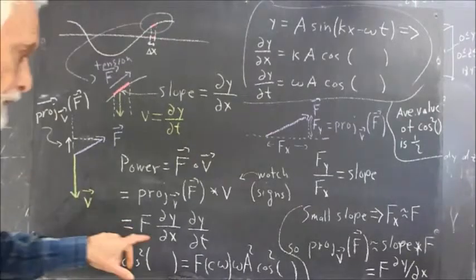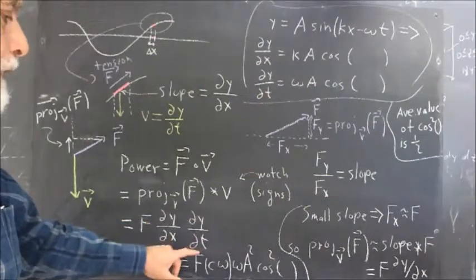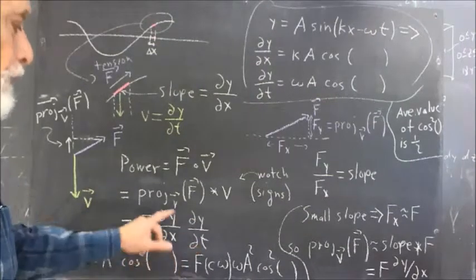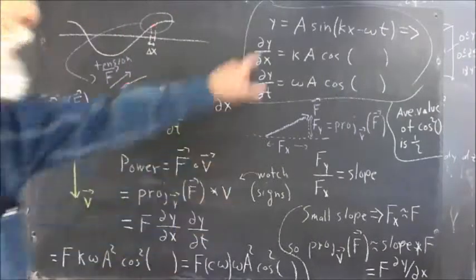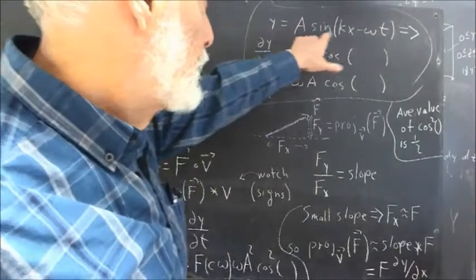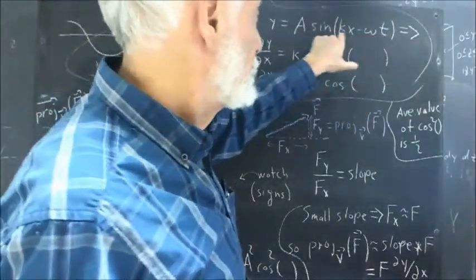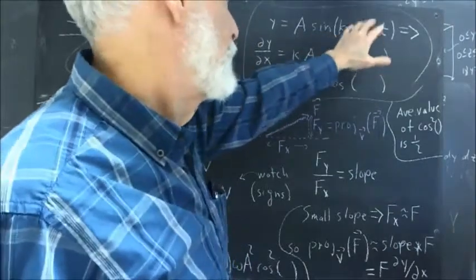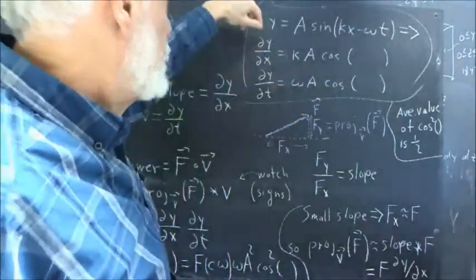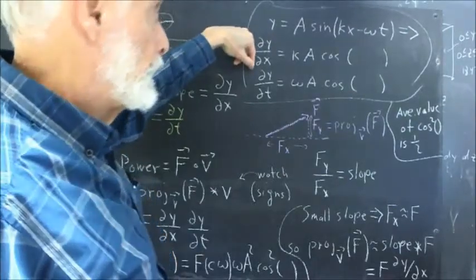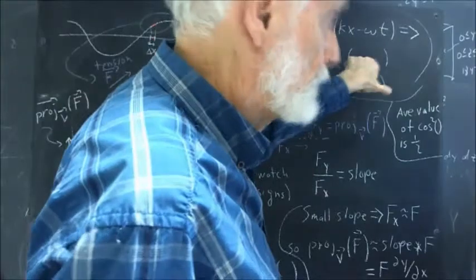Okay, I've filled this in, but let's just look. We got F partial y with respect to x, partial y with respect to t. What's partial y with respect to x? What's partial y with respect to t? Well, y is presumably a sine of kx minus omega t, and we assume we know what omega is and what k is, so the partial y with respect to x, just by the chain rule, gives you ka times the cosine of kx minus omega t.